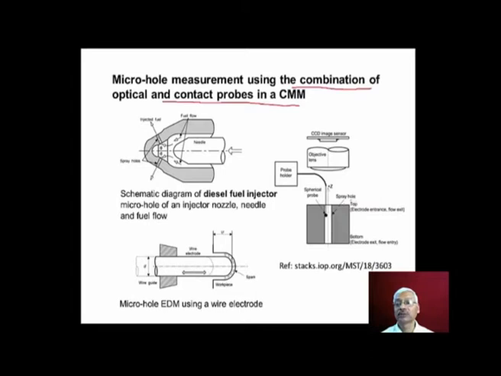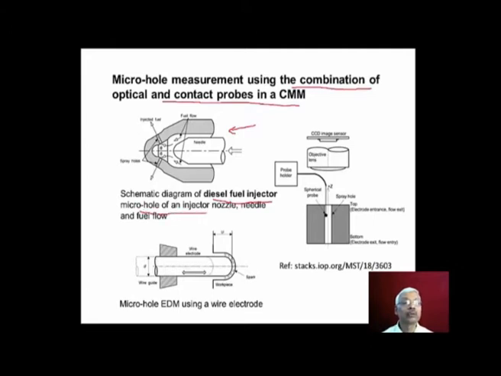This is the top surface and this is the bottom surface of the component, and the details of the workpiece which has the micro hole are given here. So this is the schematic diagram of diesel fuel injector which has micro holes.